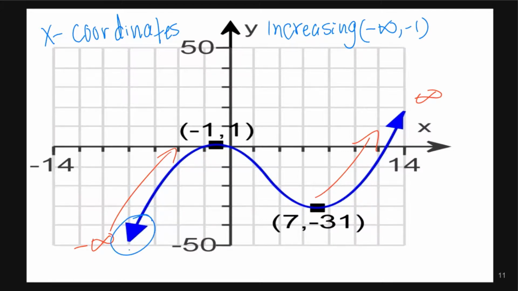If it was a point, then you would plot the point, but an arrow means that it's continuous, so it's negative infinity. So the first one is from negative infinity to negative 1. And then the other increase is from 7 to positive infinity. So on your study guide, the answer for that would be A.